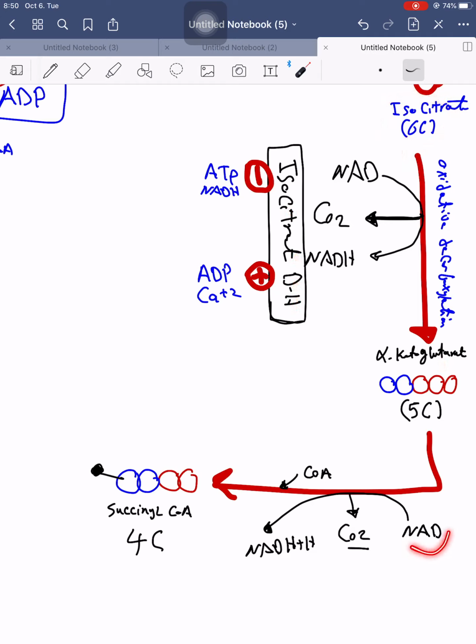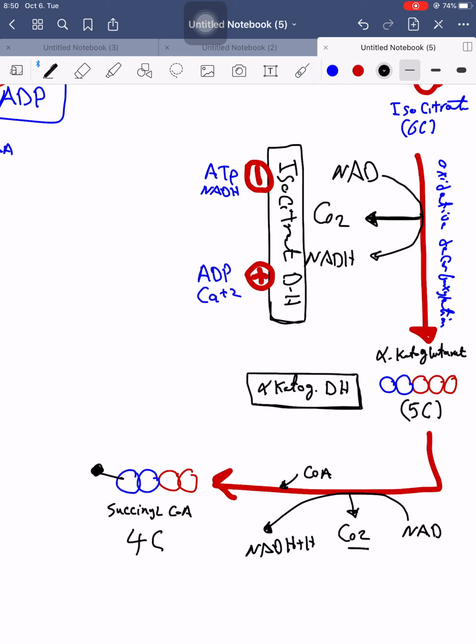Then I do dehydrogenase for alpha ketoglutarate to make succinyl. So it's called alpha ketoglutarate dehydrogenase. This is the enzyme which is responsible to oxidize alpha ketoglutarate to succinyl coenzyme A.